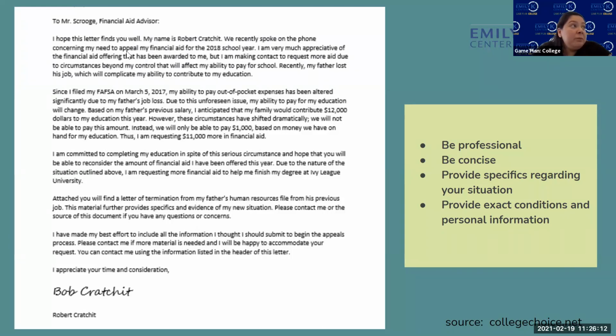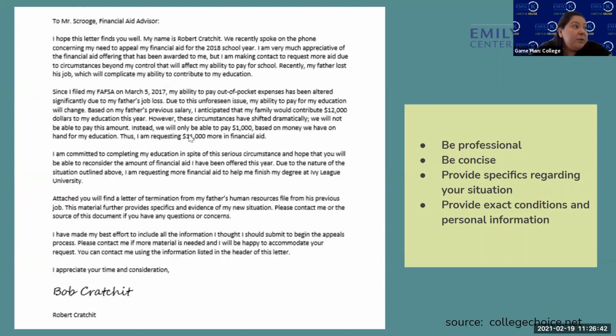I wanted to appeal my financial aid letter for the 2018 school year. You can skip all of this, and you can say, since I filed my FAFSA, my ability to pay out-of-pocket expenses has been altered significantly due to my father's job loss. Due to unforeseen issues, my ability to pay will change. Based on a previous salary, I anticipated I could contribute $12,000 per year.